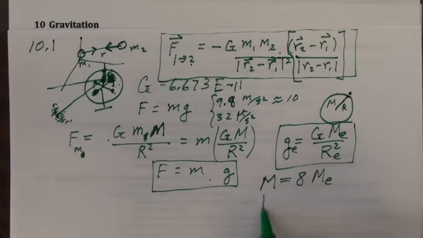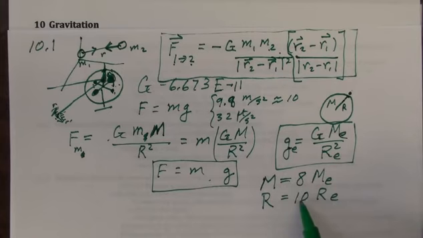And let's assume that the radius of the other planet is equal to 10 times the radius of the Earth. So this would be a huge, much less dense planet, with only 8 times the mass but 10 times the radius.